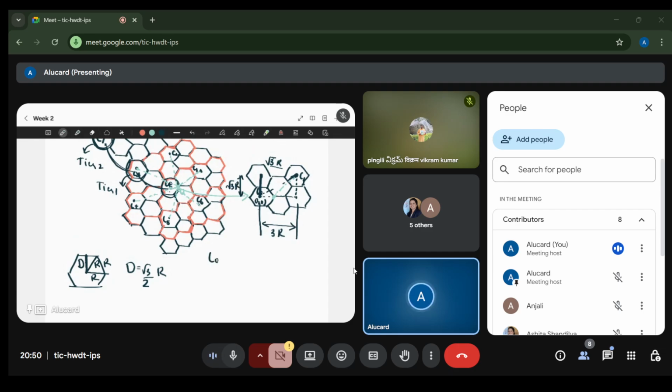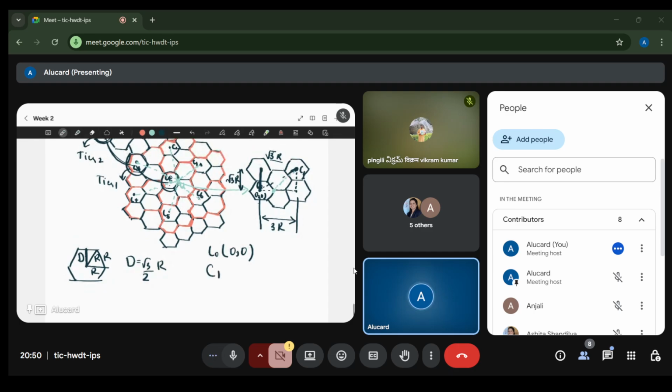So the point C0, if you take that as the origin (0, 0), the point C1 is at (3R, root 3R). And your user U is at (R, 0).